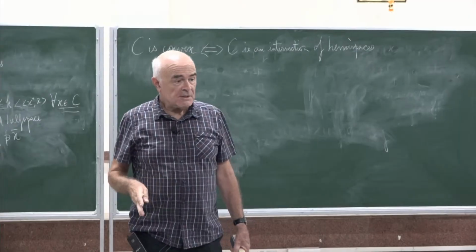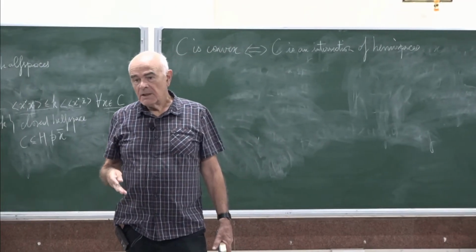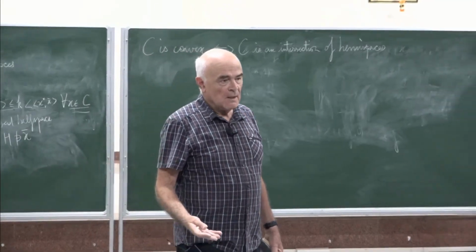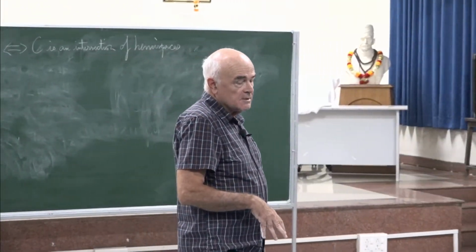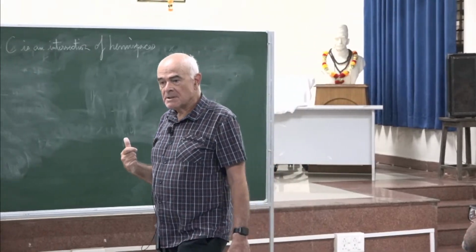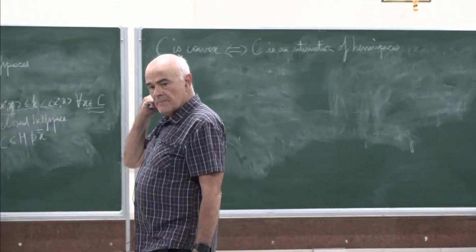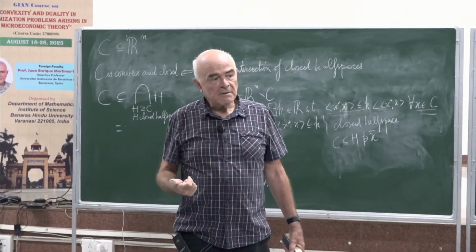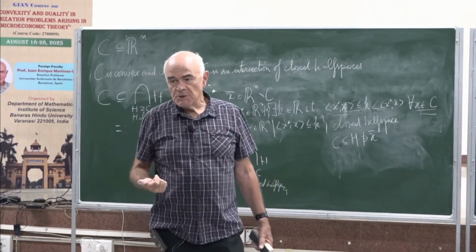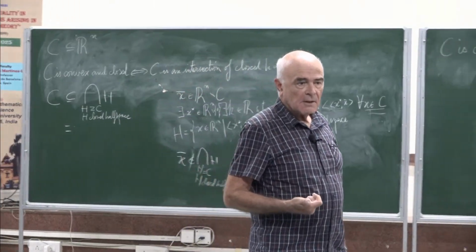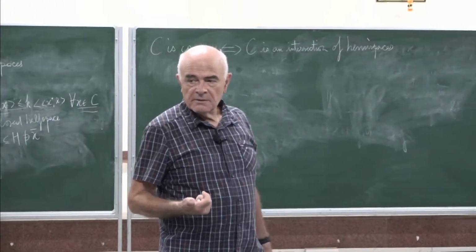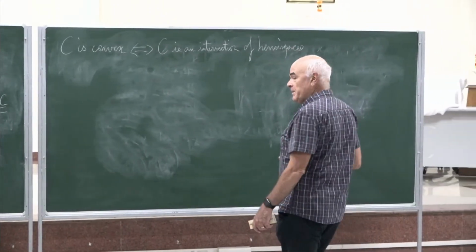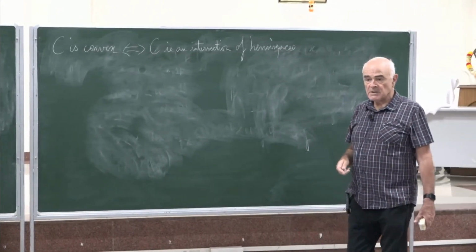Closed half spaces are hemispaces because the complement is an open half space. Open half spaces are hemispaces because the complement is a closed half space, which is convex. Are there any other hemispaces? Yes.